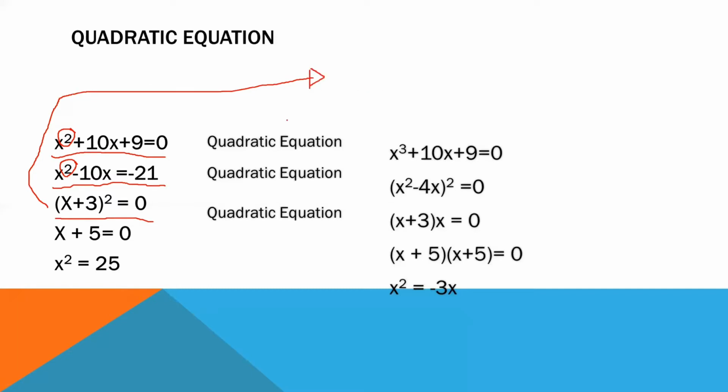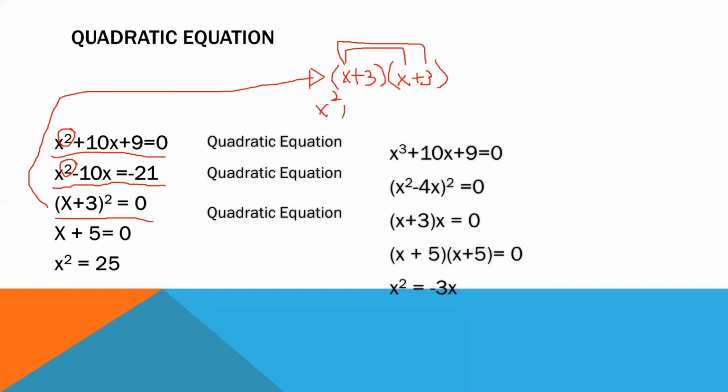Pag sinimplify natin, x plus 3 times x plus 3, diba ang exponent natin is you are multiplying the base to itself. So ibig sabihin, ito yung base natin, and then when we multiply x times x, it is equal to x squared.